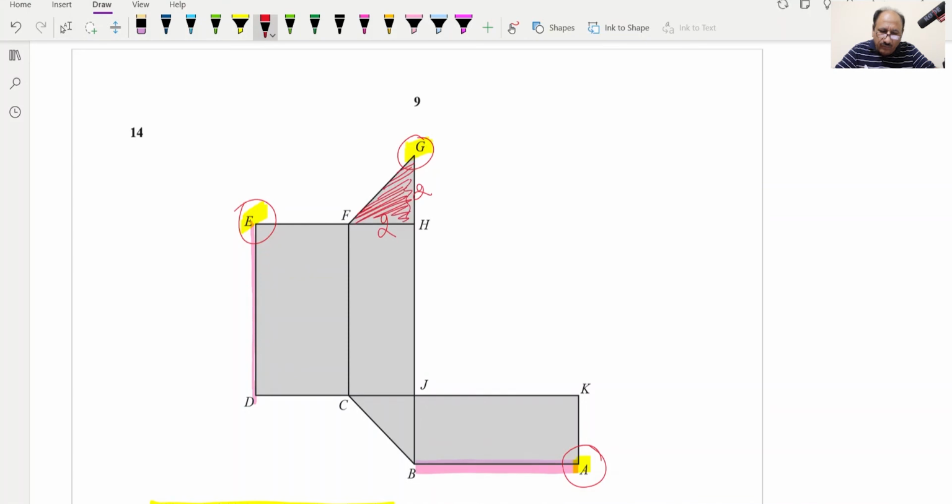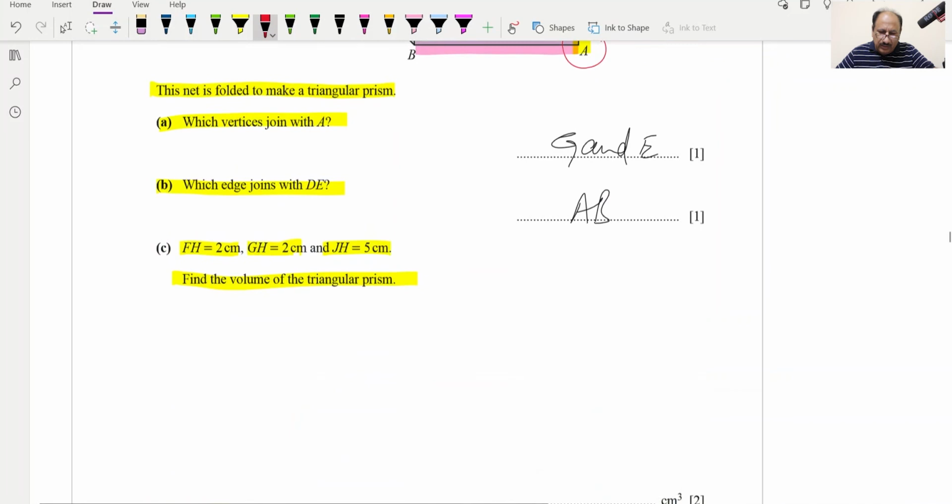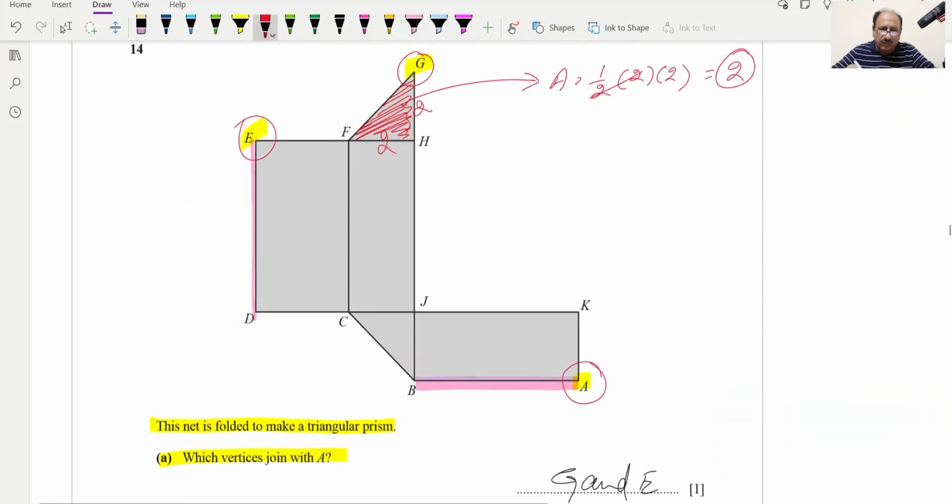So for volume we require face area multiplied by length. So face area of this triangle we can find. This will be equal to 1 by 2 into base into height. So this will be equal to 2. So area is 2, so 2 will be multiplied by the length, and the length JH they have given as 5.